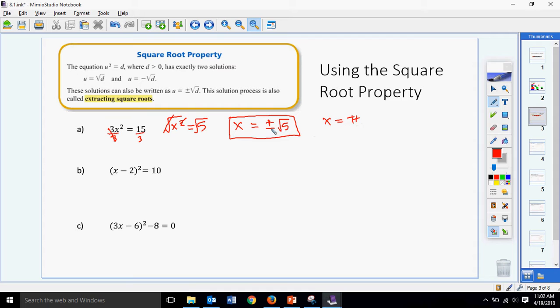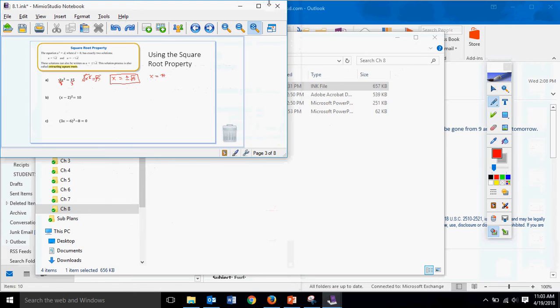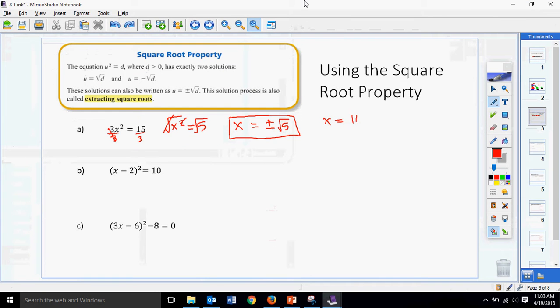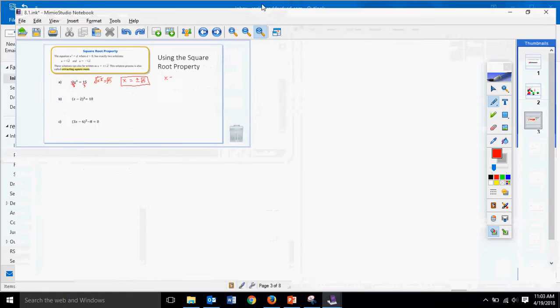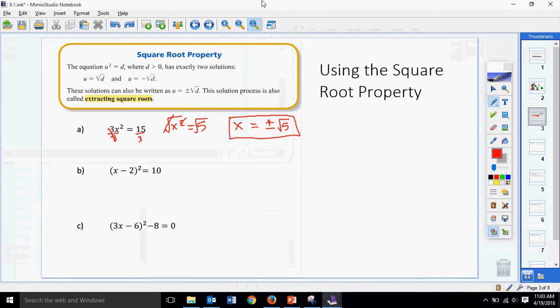And then you type negative square root of 5, you're going to get some other number. But it wants it in simplest radical form, so this is as simplified as we can get. Putting it in WebAssign, it might let you do x equals negative square root of 5, comma, positive square root of 5. I'm not really sure how WebAssign wants it, but just be aware of that.